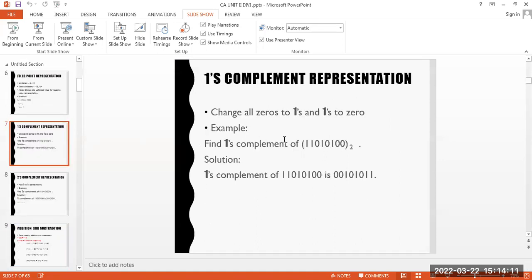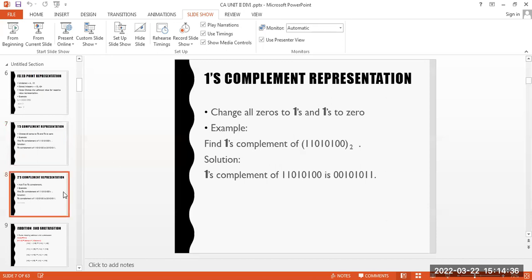Next, the ones complement representation in fixed point. What is a ones complement? A decimal value is converted to a binary value. In this binary value, all the zeros are converted to 1 and all the 1s are converted to 0. That is the ones complement representation.